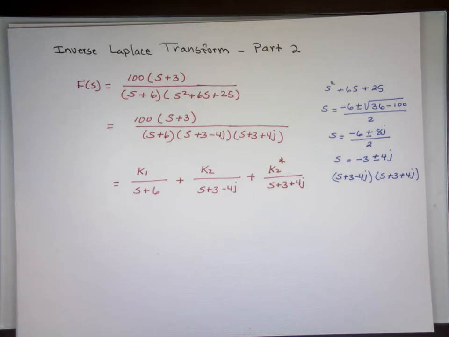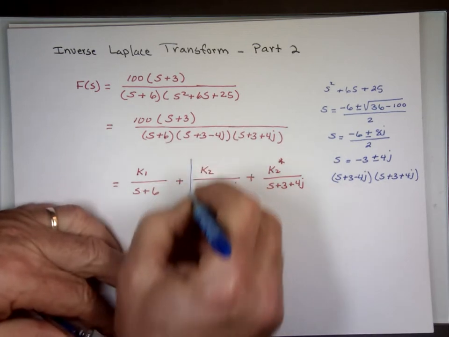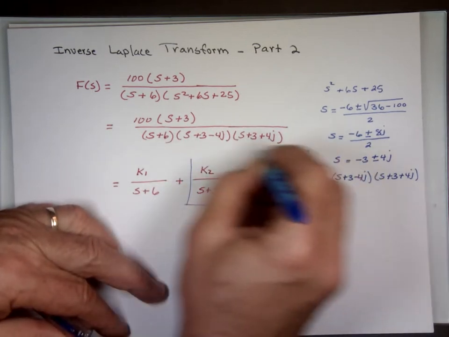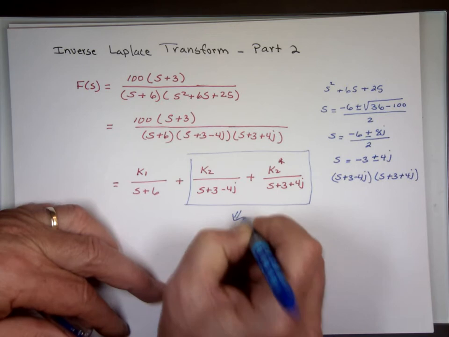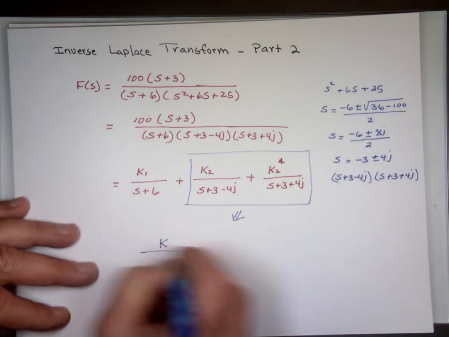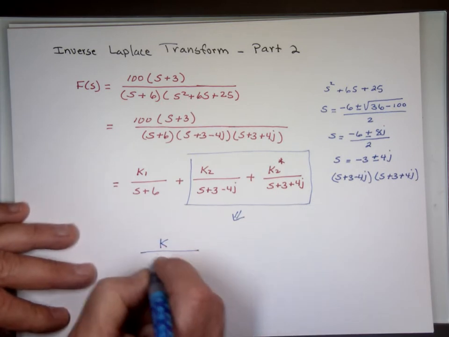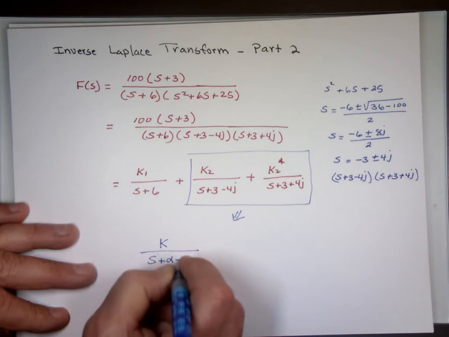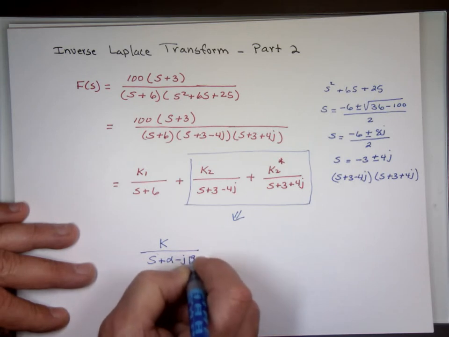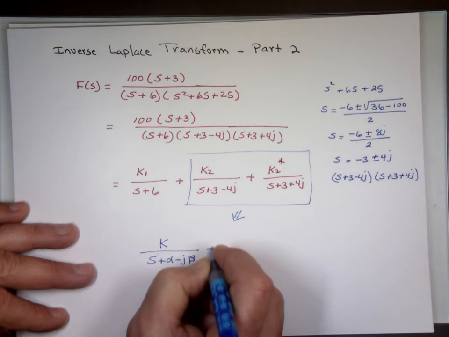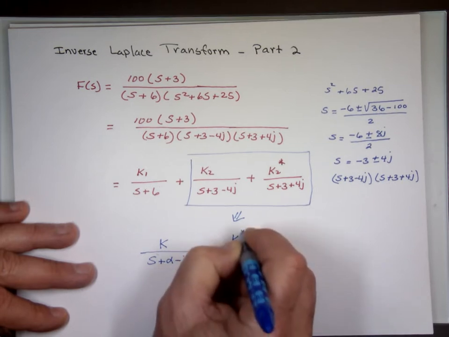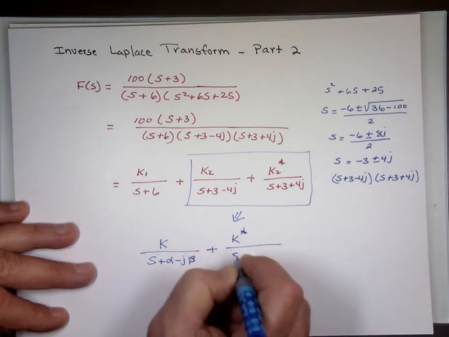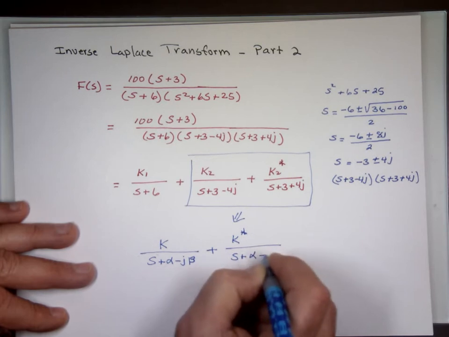And again, instead of completing the square, I'm trying to find a way to solve a problem like this. When you have something like k over S plus alpha minus j beta, I'm just writing in general there, plus k conjugate over S plus alpha plus j beta.